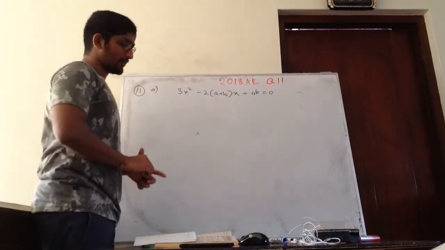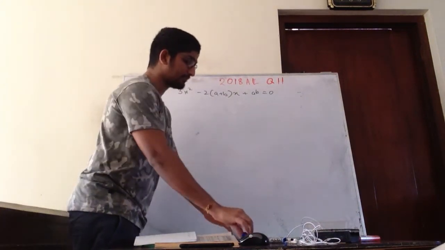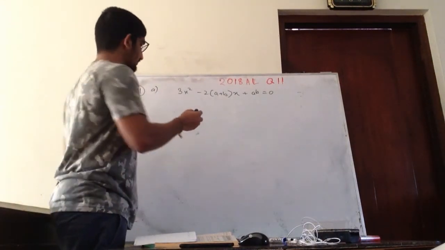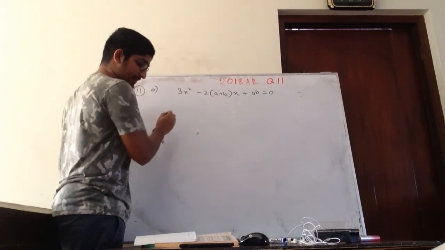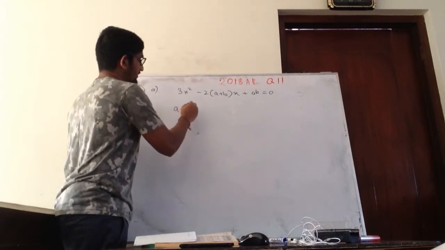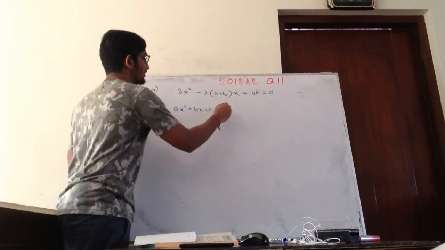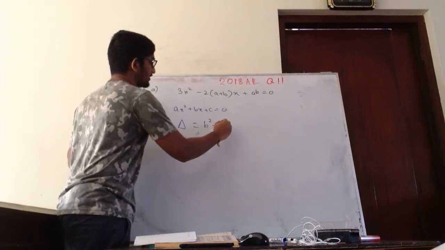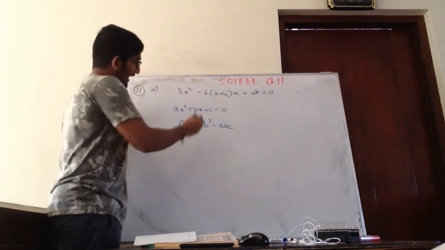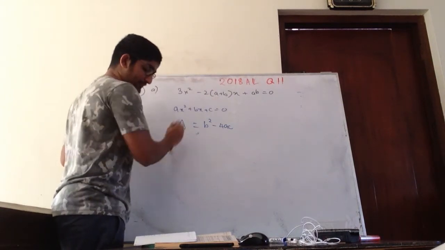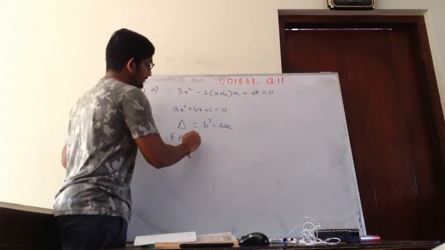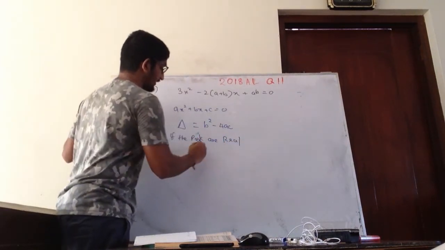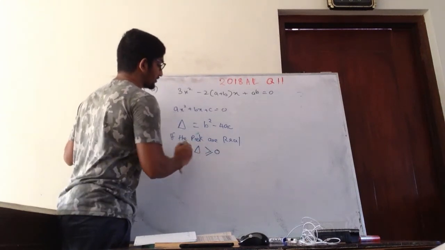Right now? Okay. So I'll remind you some theory now. What is the theory behind this? Just imagine we have something like this: ax squared plus bx plus c. So the discriminant here is b squared minus 4ac, and if the roots are real, delta will be greater than or equal to 0.